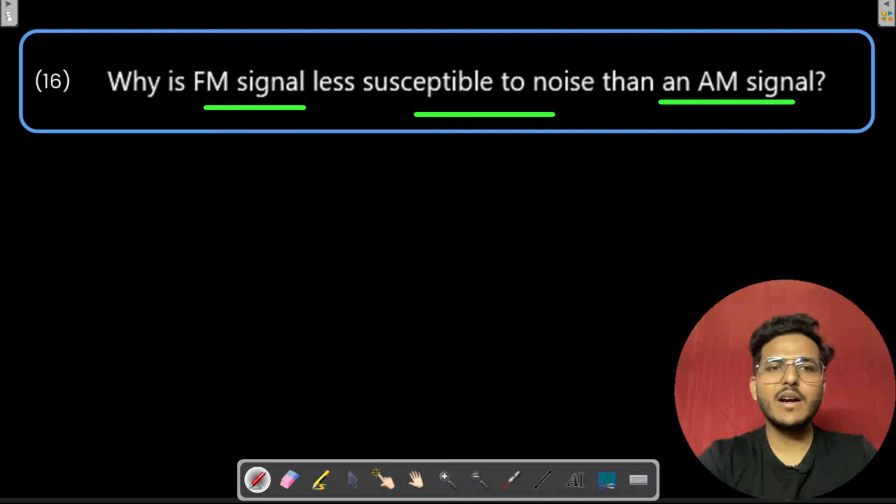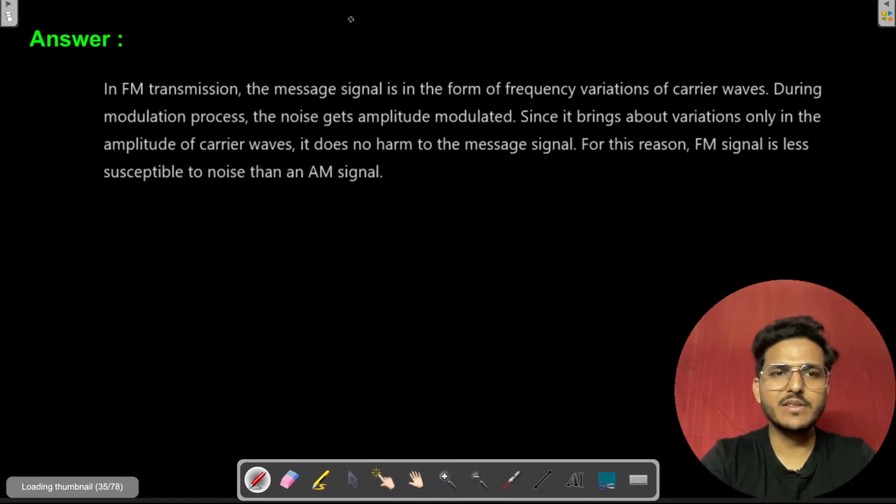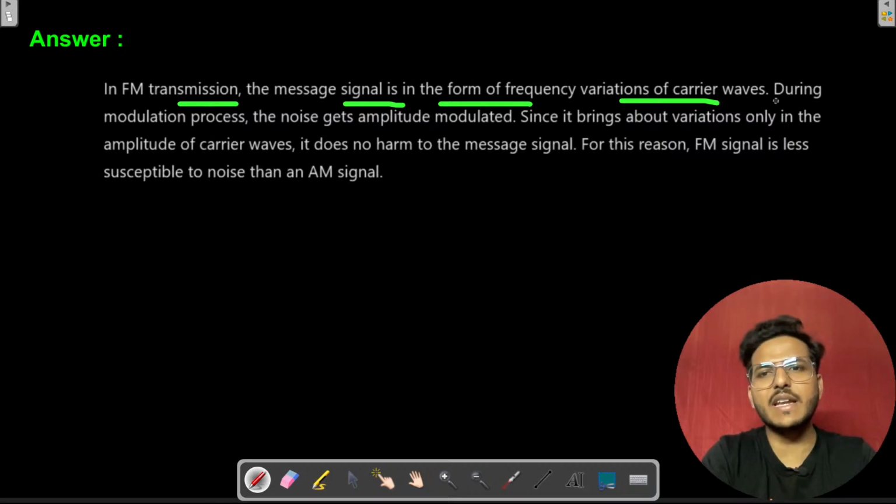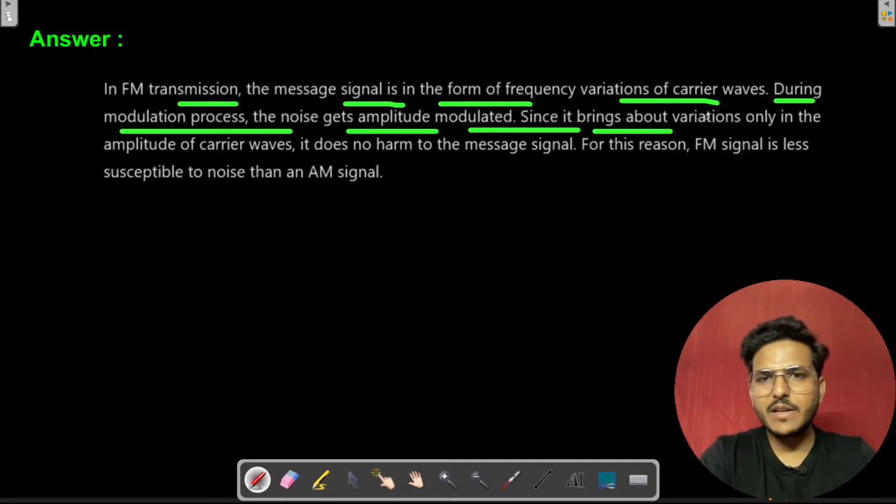FM signals are less susceptible to noise than AM signals because in FM transmission, the message signal is in the form of frequency variation of the carrier waves. During the modulation process, the noise gets amplitude modulated, since it brings about variation only in the amplitude of carrier waves.